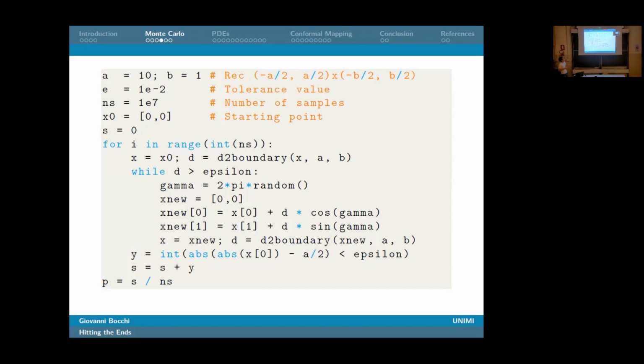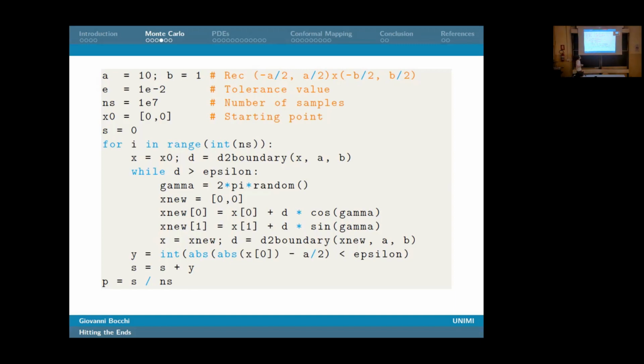And so simply we can consider at every step the starting point of the Brownian motion, the maximal circumference that is contained in our domain, pick a point at random on that circumference, and then iterate until we are close enough to the boundary.